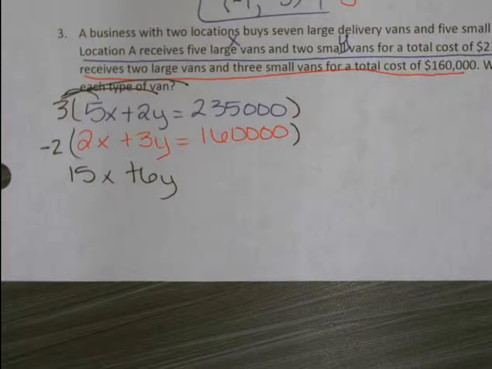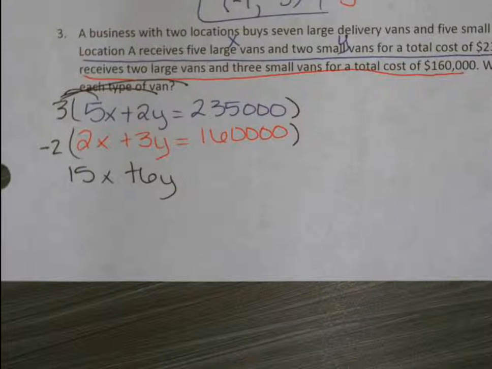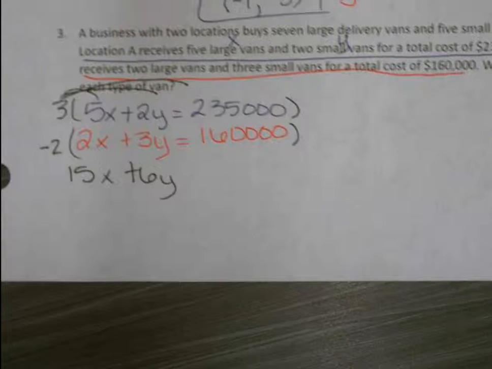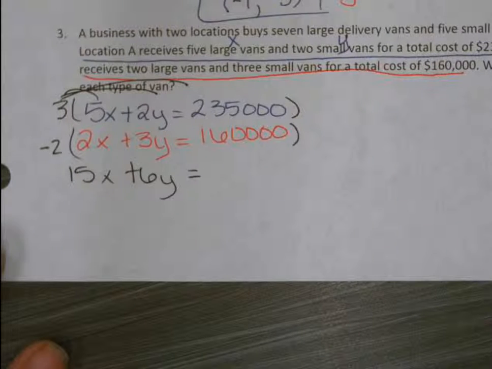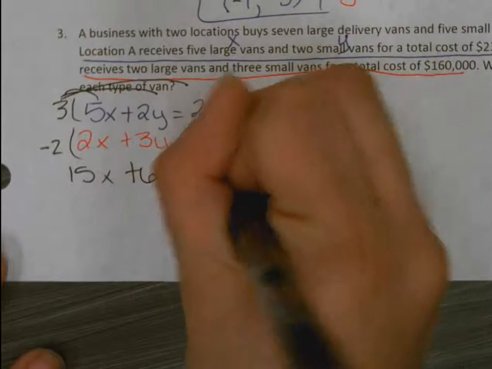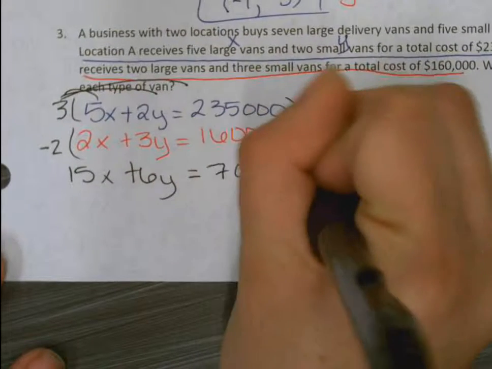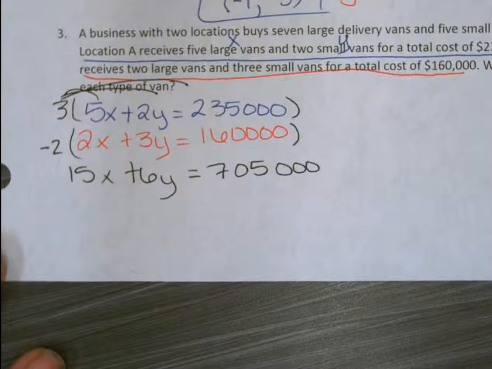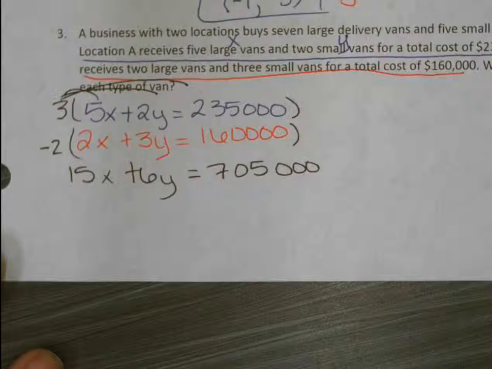This is why I gave you the calculators. 3 times 235,000 is $705,000.